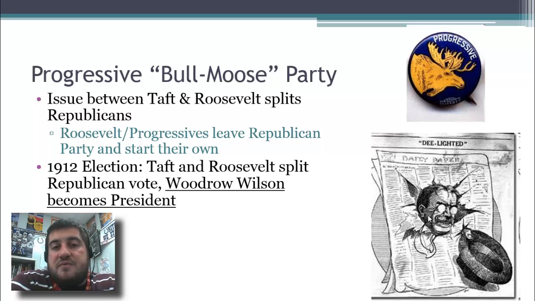Roosevelt and his progressives actually leave the Republican Party and start their own party called the Progressive Bull Moose Party. And in the election of 1912, since Taft and Roosevelt split the Republican vote, Woodrow Wilson, the Democrat, becomes president. And he's also a progressive, and he's going to lead the country through World War I.